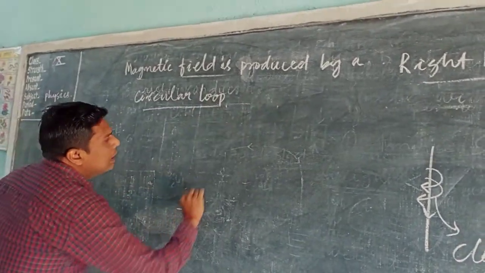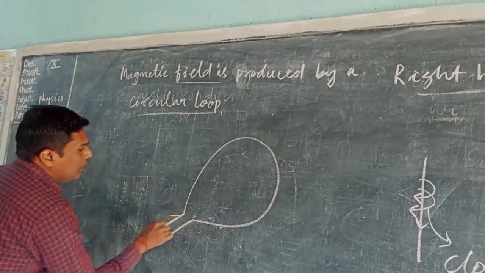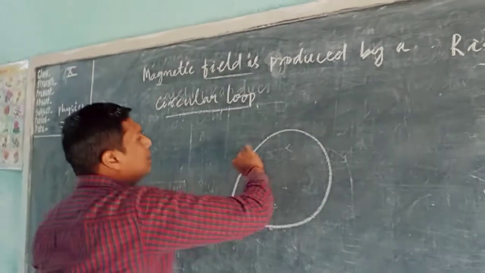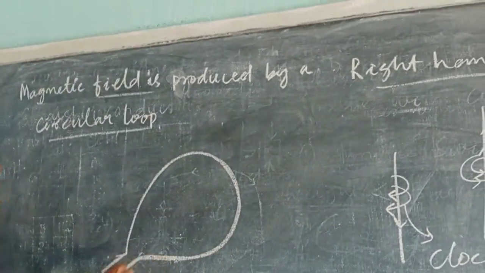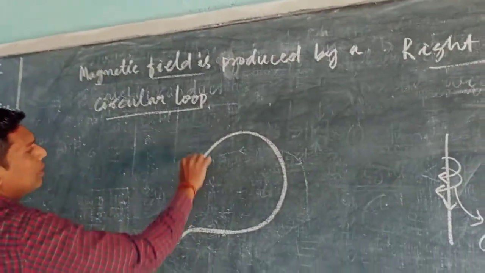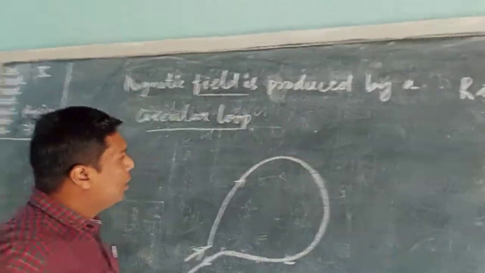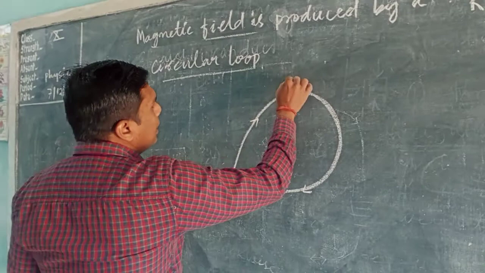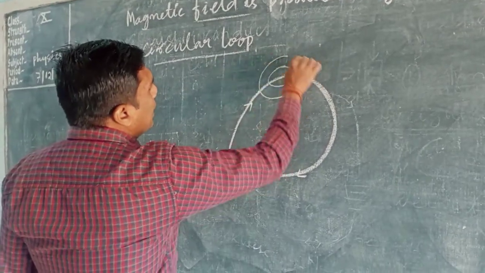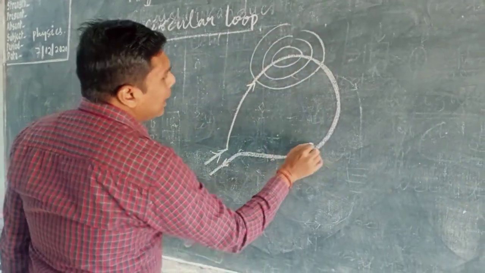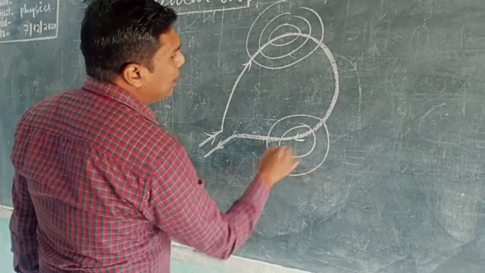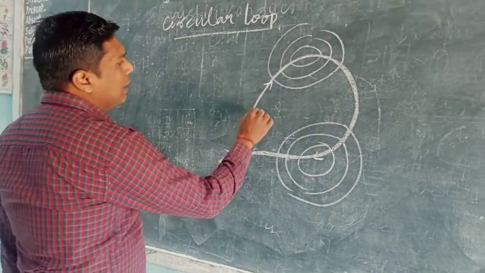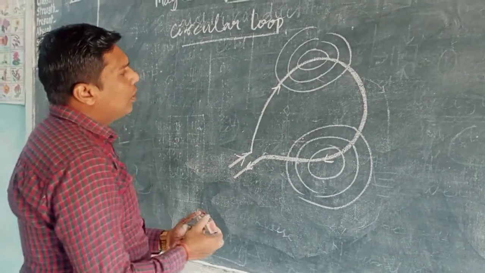When we take one conductor and draw a circle, this becomes a circular loop. So suppose this is the current conductor. When current passes through here, what will happen? At the two ends, magnetic field lines will be created. Here magnetic field lines are created, and suppose this is the upward direction.